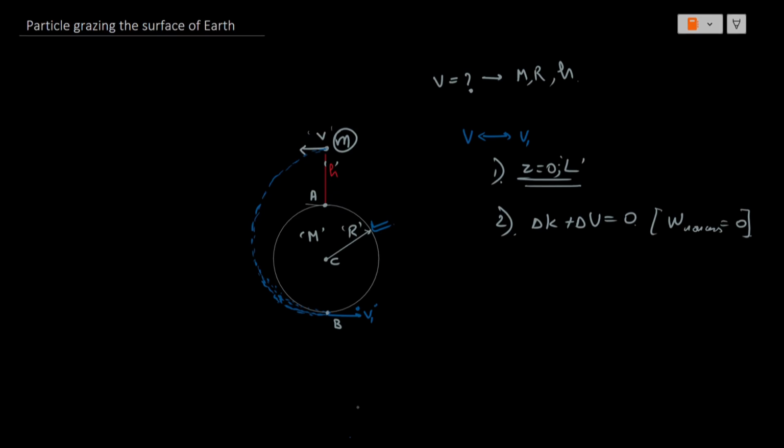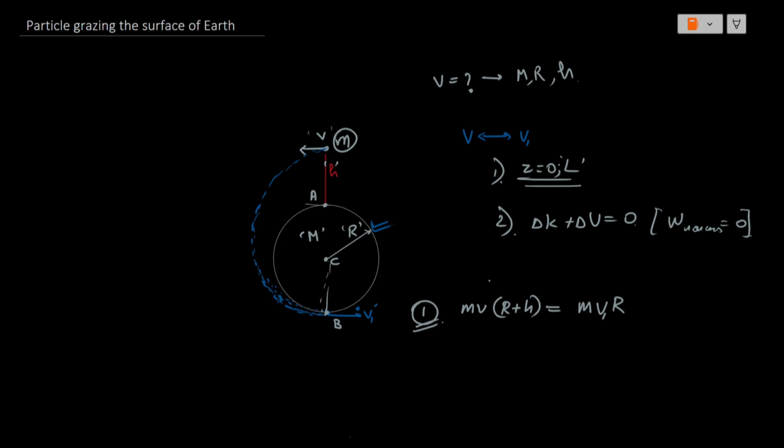Now, the first thing we'll be doing will be conserving the angular momentum, and by conserving the angular momentum we get mass times velocity times the lever arm. The lever arm is basically the distance we have, which is going to be R plus small h for the initial position, right? And for the final position it is going to be m times v1 times R, since R is the lever arm over here.